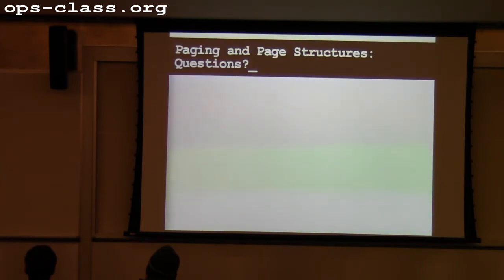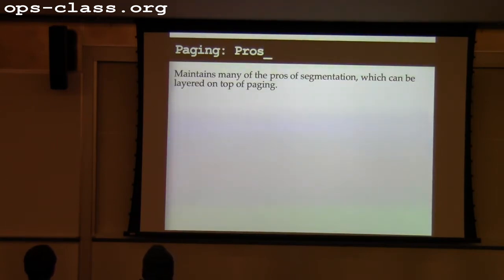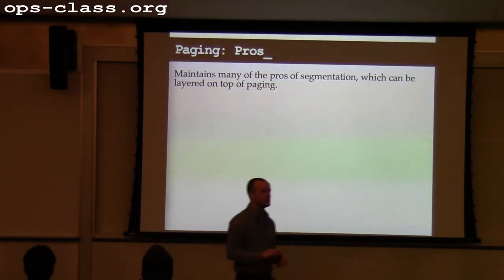All right, any questions about paging and the page structures that we got through on Wednesday? OK, let's do a little bit of review. One of the things we liked about paging was that it maintained some of the nice features of segmentation. So what were some of the pros of our paging-based approach?